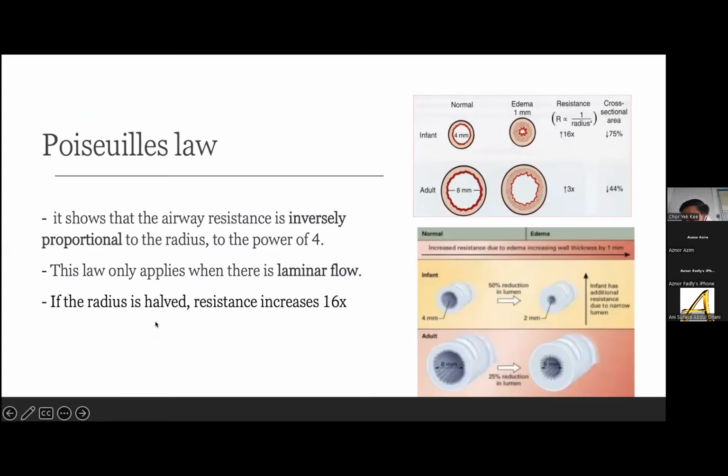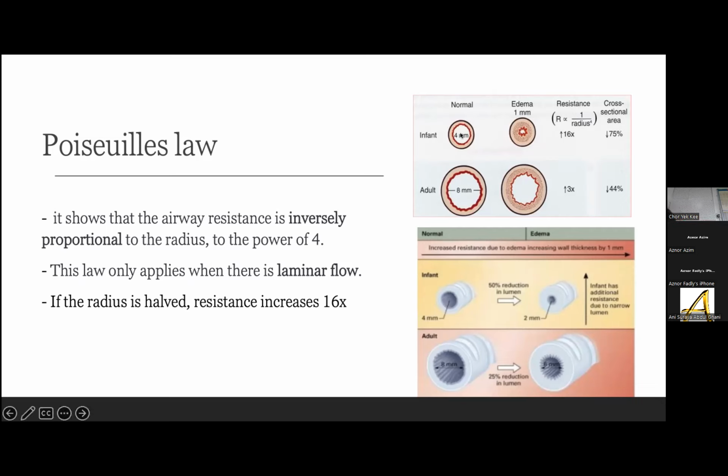Next, the diameter of the airway. There's one interesting law created by a French physician, Poiseuille's law, and it shows that the airway resistance, the R, is inversely proportional to the radius to the power of 4. Look at the first picture.